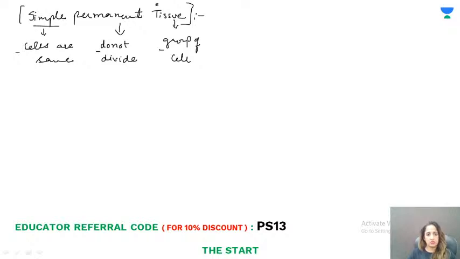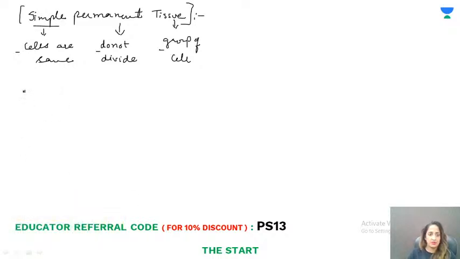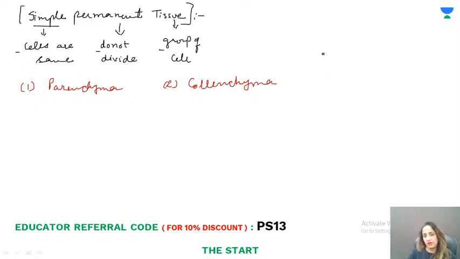So now let's talk about what are the different types of simple permanent tissue. As I said in my previous slides, we have parenchyma, we have collenchyma, and we have, I will write it over here, sclerenchyma.